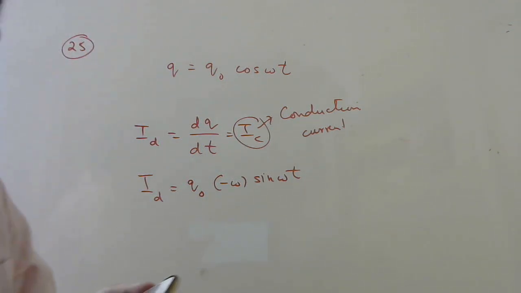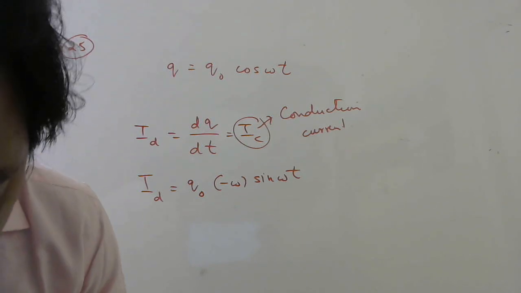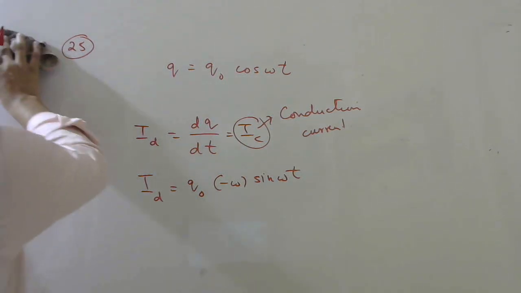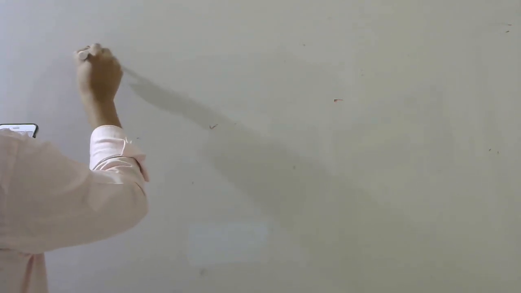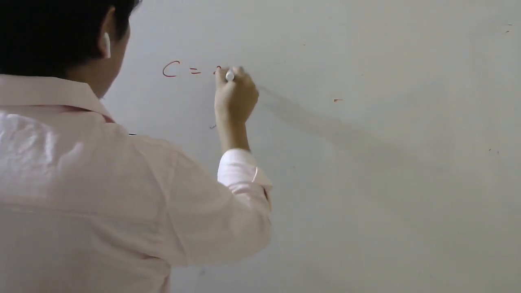You are given a 2 microfarad parallel plate capacitor. So capacitance is given as 2 microfarad.